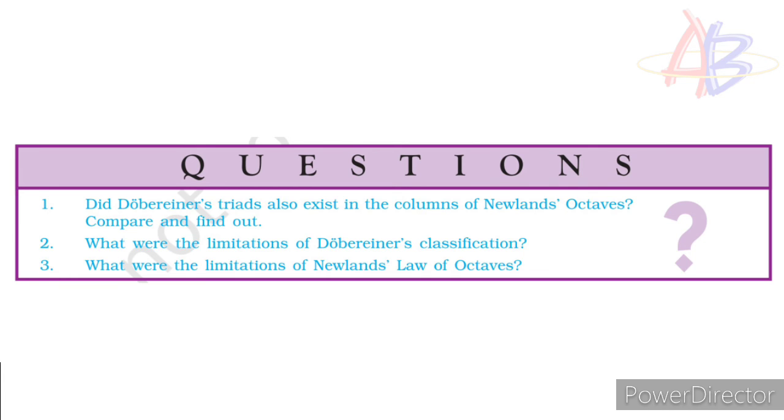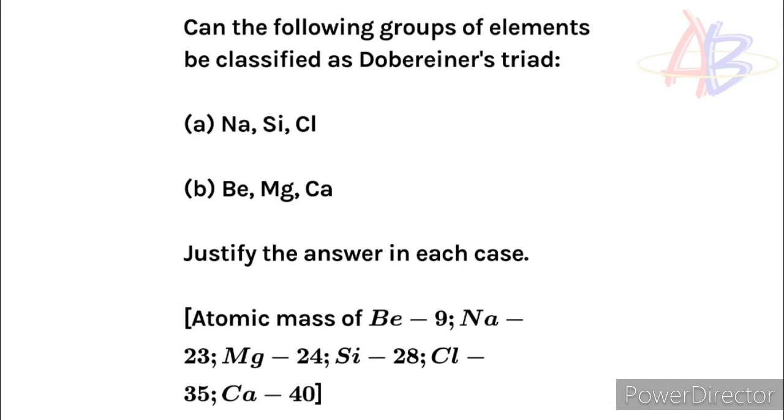There are two more questions to go. Fourth question. Can the following groups of elements be classified as Döbereiner's triad? Option A, sodium, silicon, chlorine. Option B, beryllium, magnesium, calcium. Justify the answer in each case.